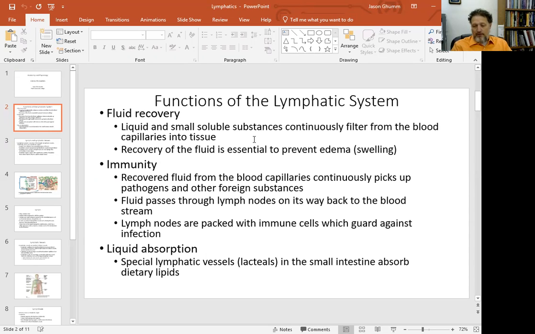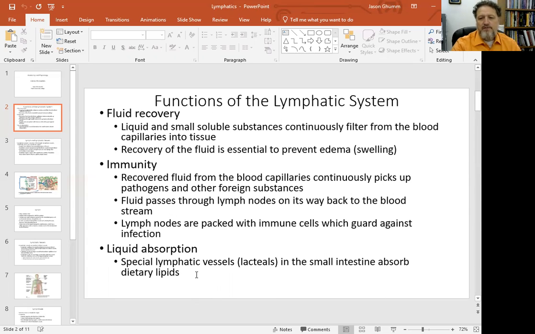It'll eventually get back into the circulatory system, but as it goes, it passes through the lymph nodes, which act like a filter that collects all this debris, the bacteria, and so forth. The nodes are full of immune cells, and this is how they prevent infections and get exposed to foreign antigens. So right here, it guards against infection.